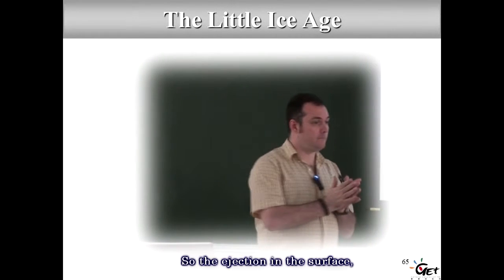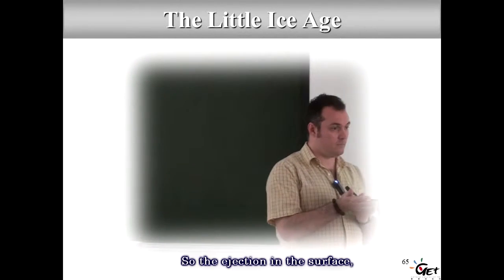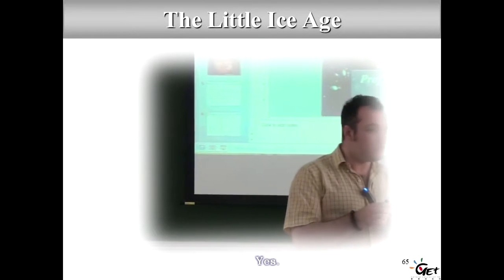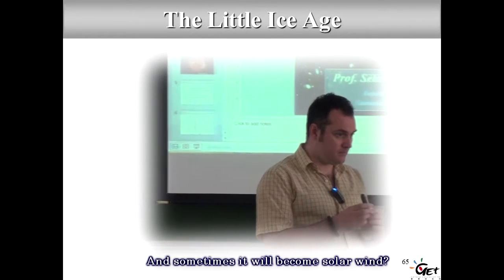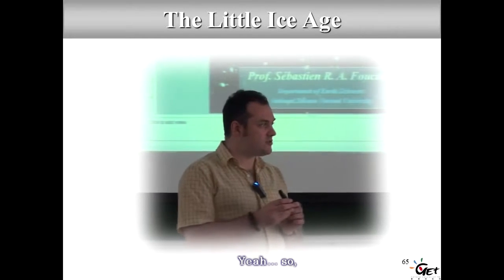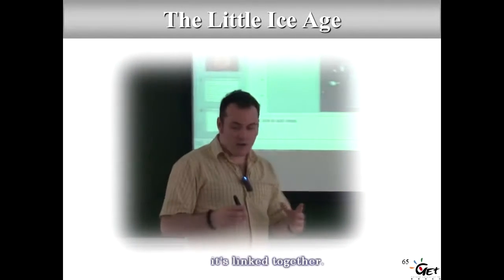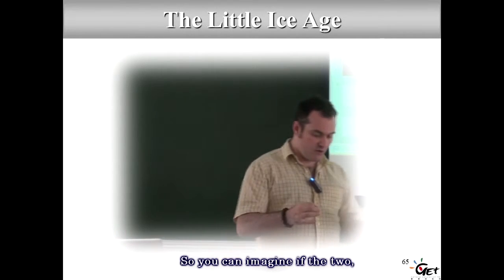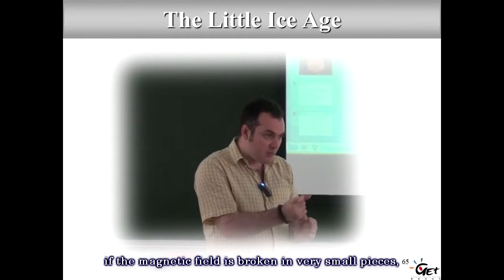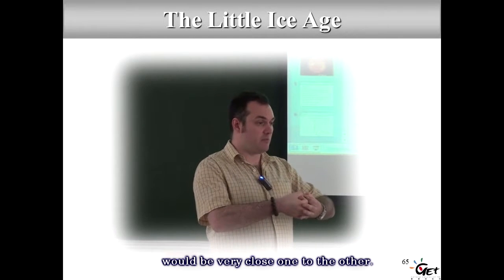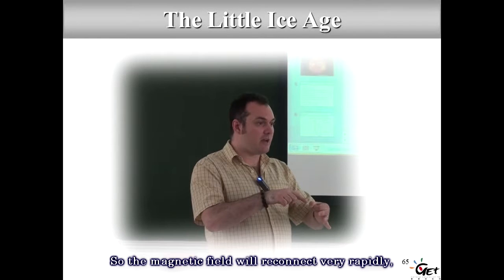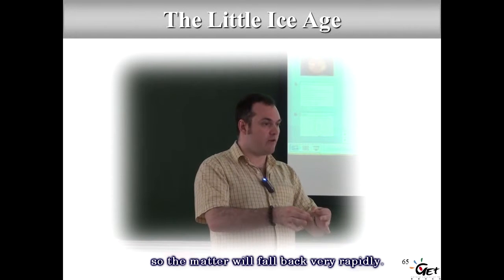So the ejection from the surface will sometimes fall back to the surface of the sun. Yes. And sometimes it becomes solar wind. Yeah, so it's linked together. It depends on the strength of the magnetic field. You can imagine that if the magnetic field is broken in very small pieces, so two sunspots are very close to one another, the magnetic field will reconnect very rapidly, so the matter will fall back very rapidly.